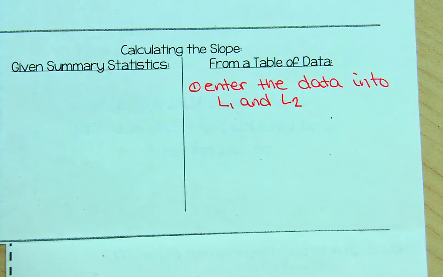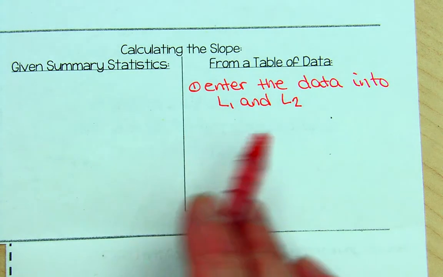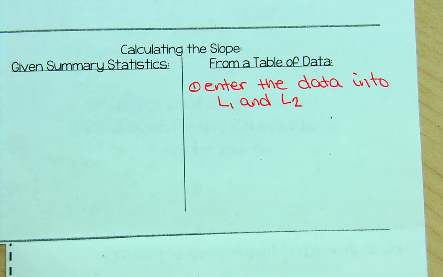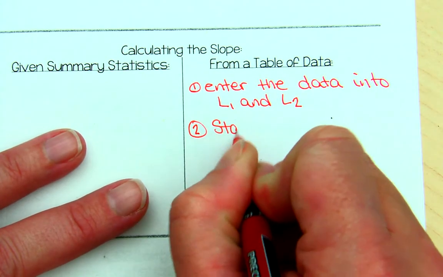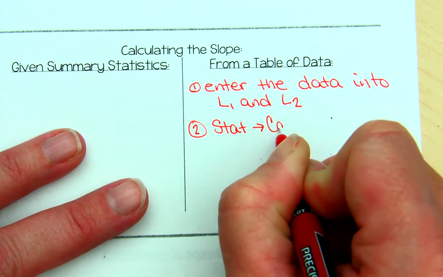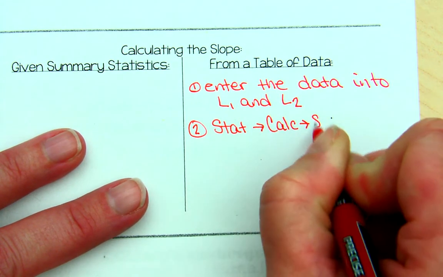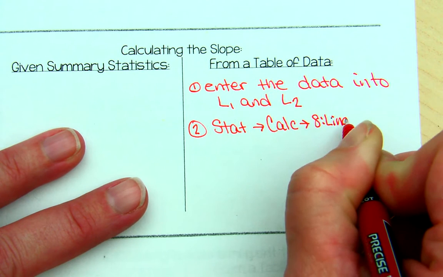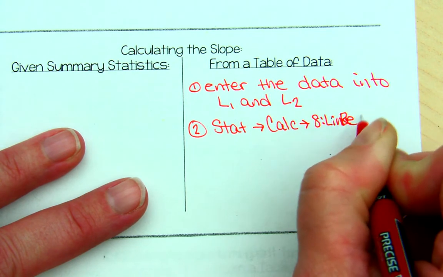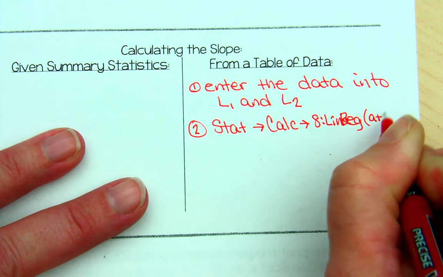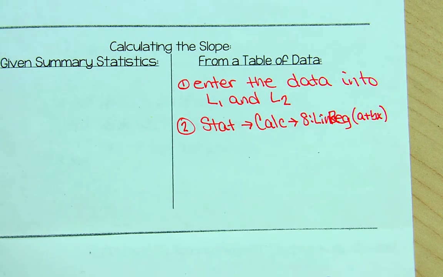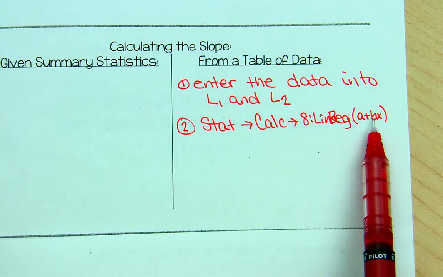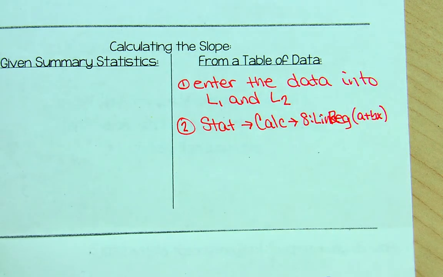You're going to have 2 variables. So your X in L1, Y in L2 is typically what we do. Then you'll go to Stats, Help, and then number 8, then Reg A plus BX. When you do this, it's going to give you A and B, and you just plug those into your equation to write it out.